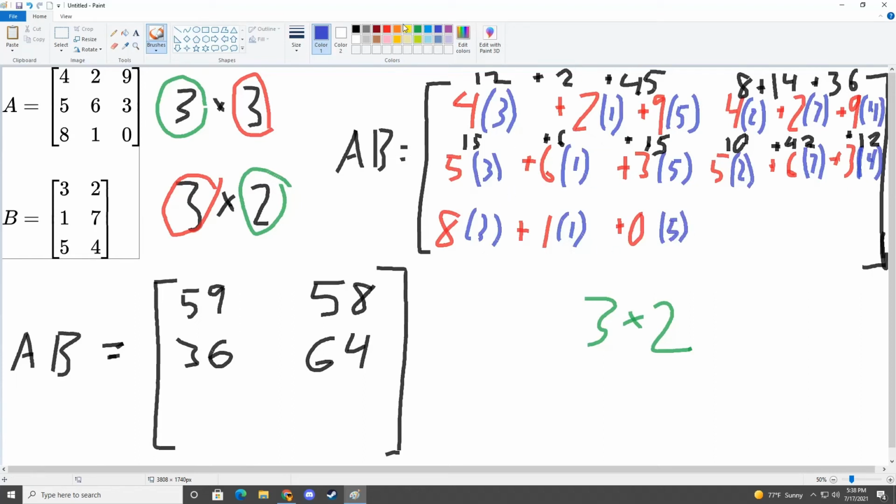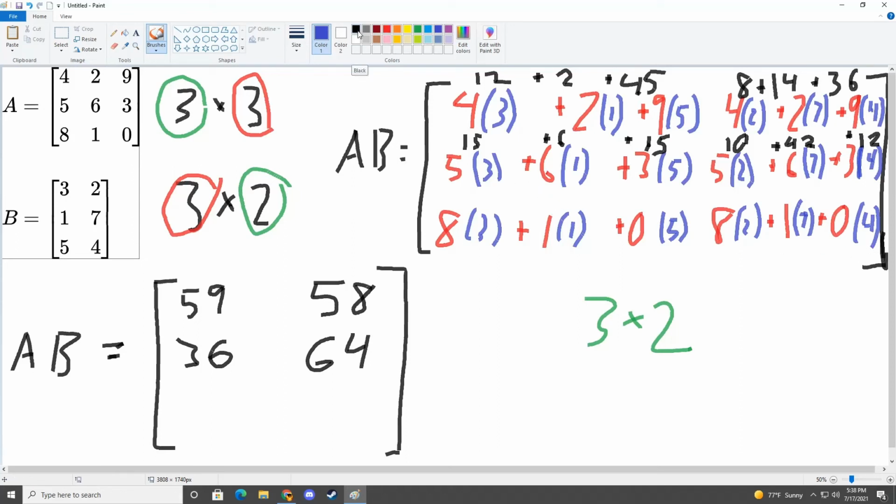Alright. And now for our third row again. 8 plus 1 plus 0. And now the second column of B. 8 times 2, 1 times 7, and 0 times 4.